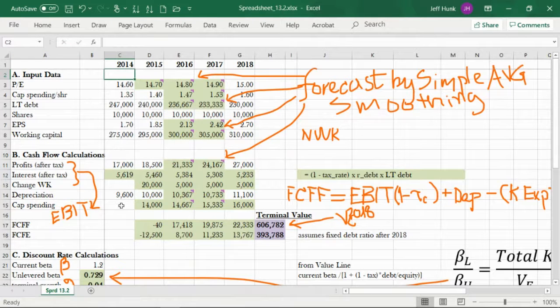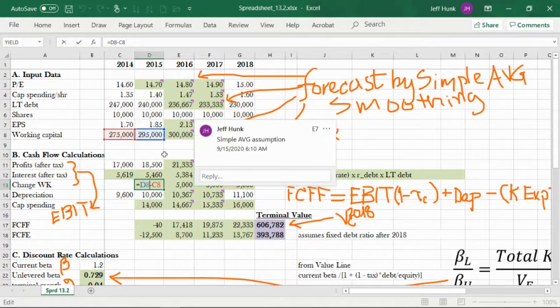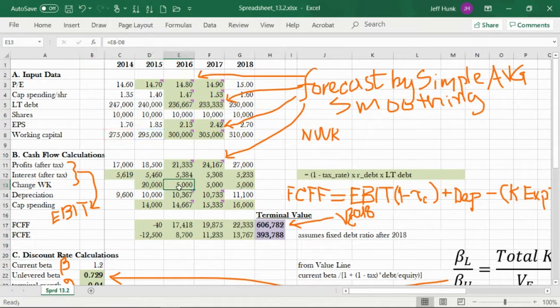To have this data in 2014, the data should start from 2013, right? Because changes are yearly. It will be 2014 minus 2013. Simply this minus this, and then this will be this minus this, right? Yes, and you just drag it across.